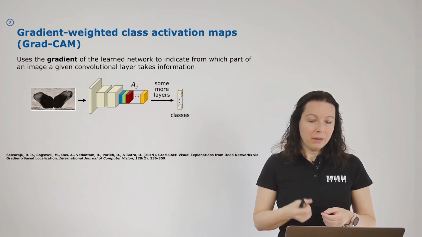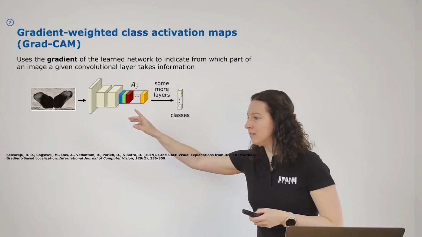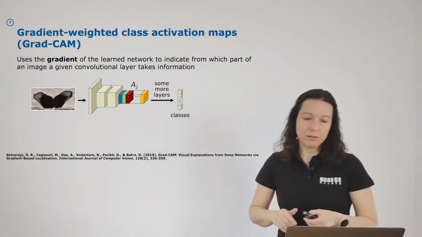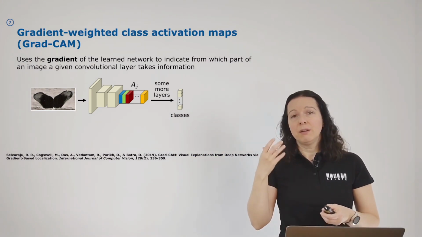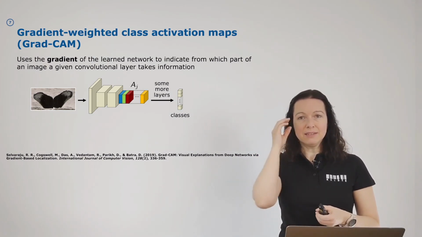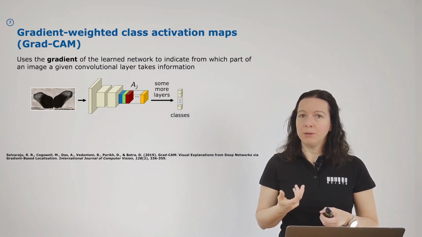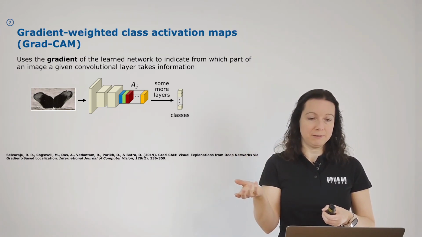So again, we look at the network with multiple layers. You decide on some layer with convolutions, and we want to analyze the last convolutional layer. This is generally a very good idea, because in the last convolutional layer you have the most complex information.